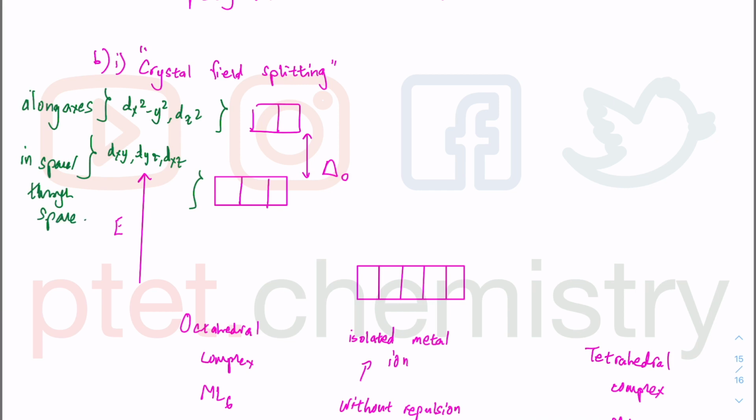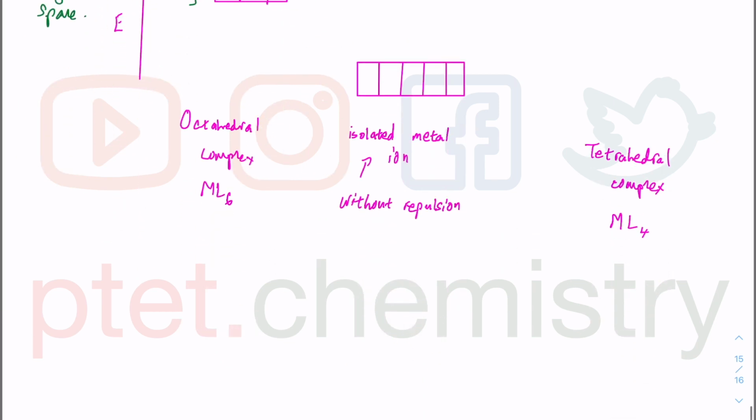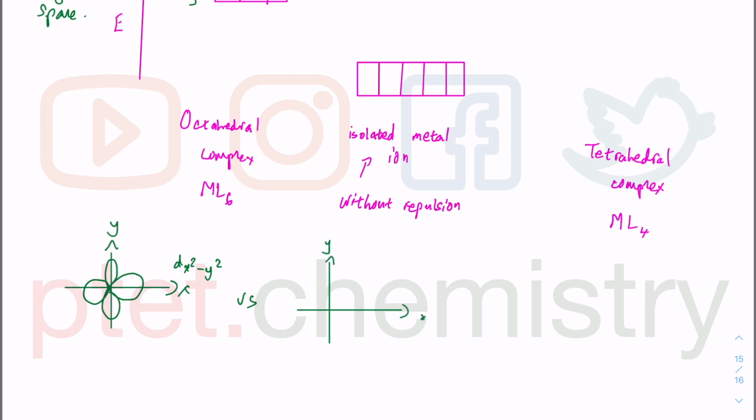I'll show you an example. If I say dx squared y squared, this will be y and x like this, and this is along the axis. So this is a dx squared y squared orbital, versus let's say a dxy. The dxy orbital points in space like this, so they are in between the axes.